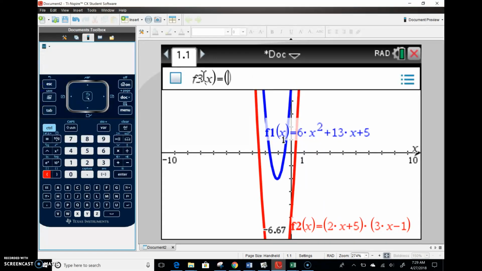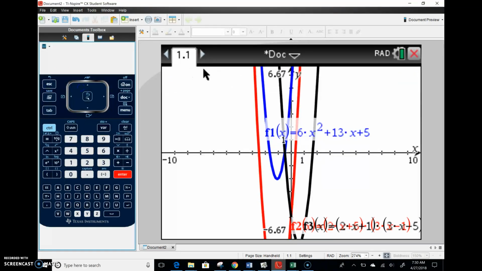So 2x plus 1, close, 3x minus 5. Ooh, that's not the same. What am I doing? Oh, I typed in the wrong equation.